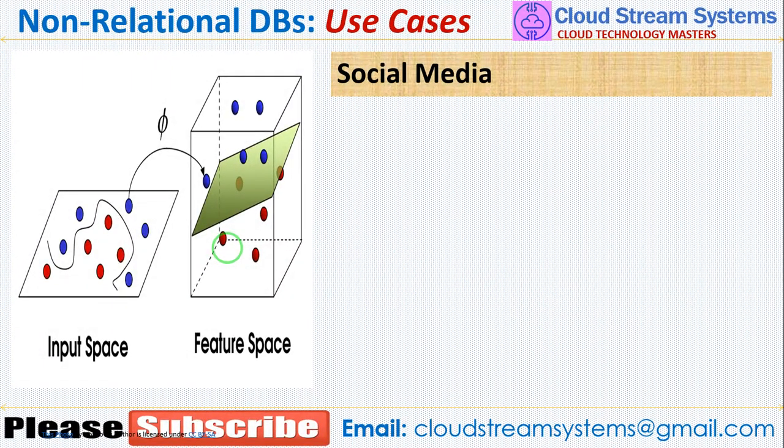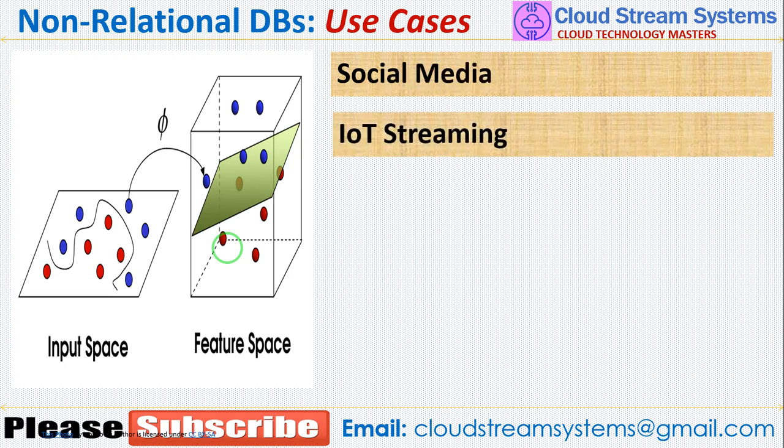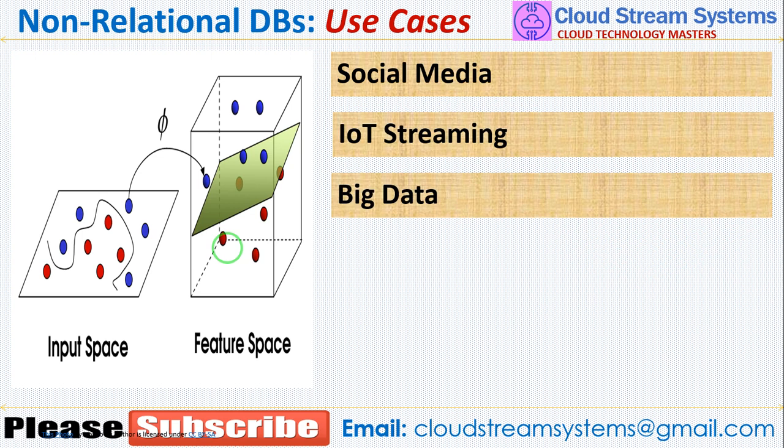Now, non-relational databases. Especially, as I mentioned a couple of times, social media, even IoT streaming. What is IoT? Internet of Things. I mentioned a couple of times sensors, gas sensors, temperature sensors, streaming sensors. There are various IoT devices available.